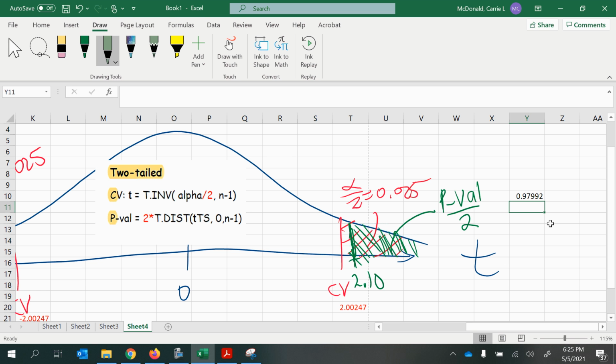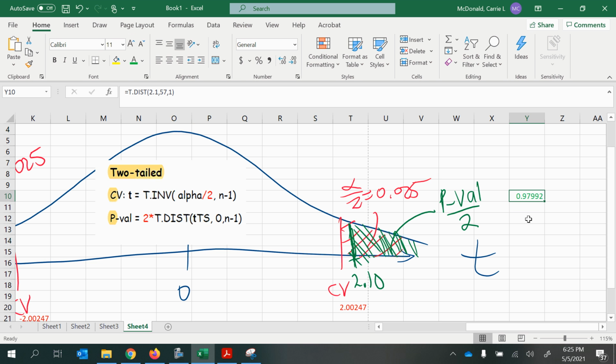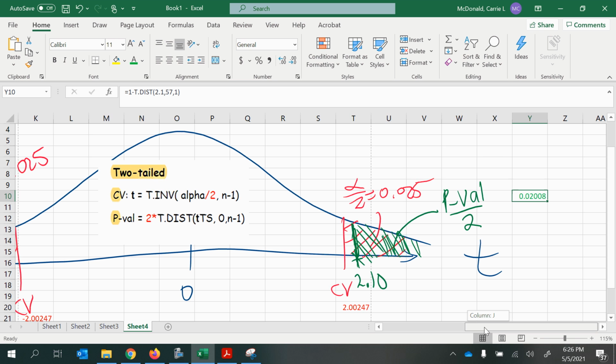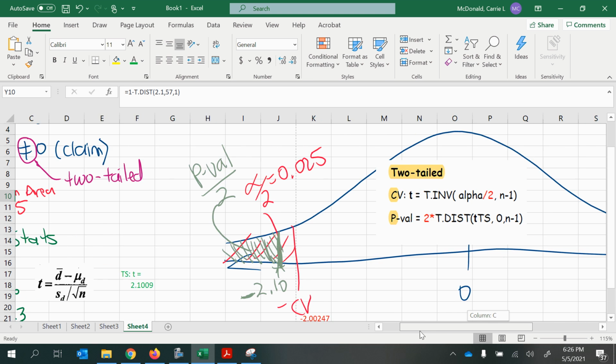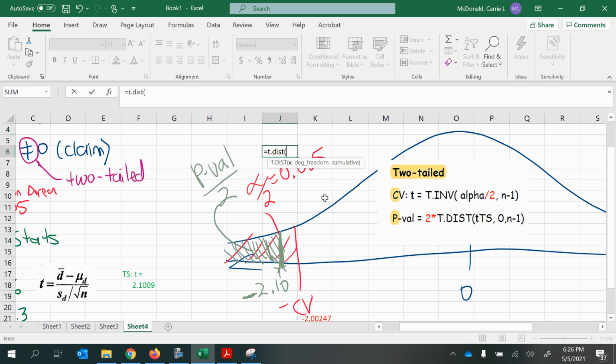Now watch what happens. You see this? It's huge, right? That can't possibly be this little green area. Again, it's very important to draw your sketch and try to make sense of what your numbers are saying. That can't be right, right? It has to be 1 minus that amount, right? 0.02008.